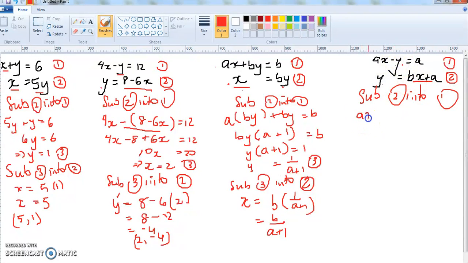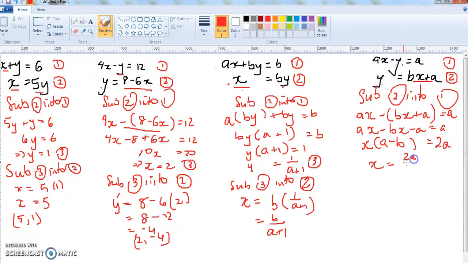So we've got ax minus bx plus a, and that equals a. We expand and simplify. ax minus bx minus a equals a. Bring the a over to the other side and take out a common factor of x here. So we've got x times a minus b equals 2a. So x equals 2a over a minus b.